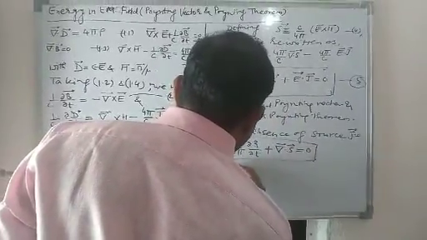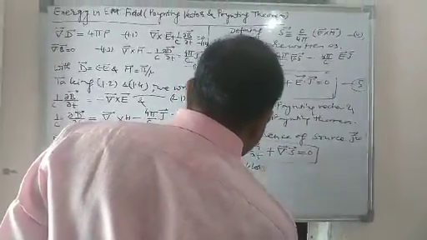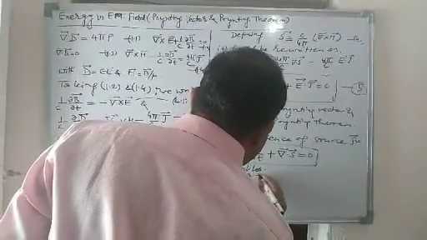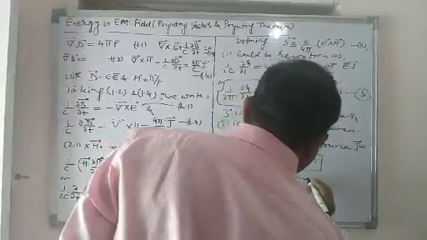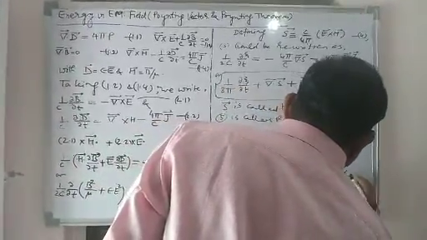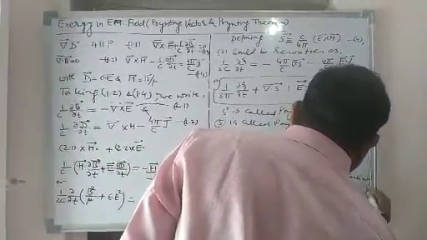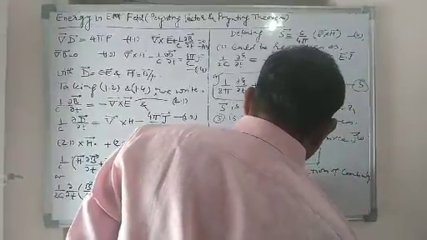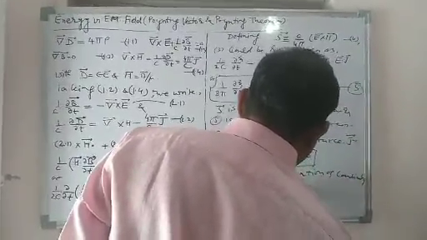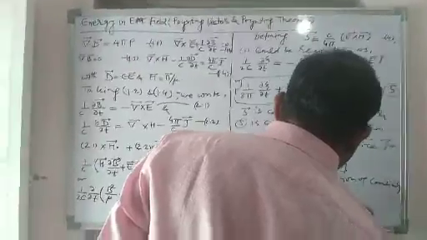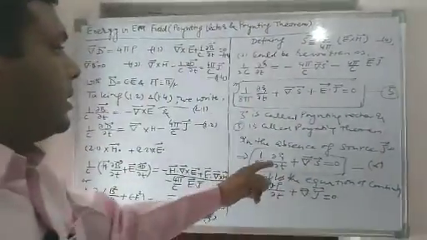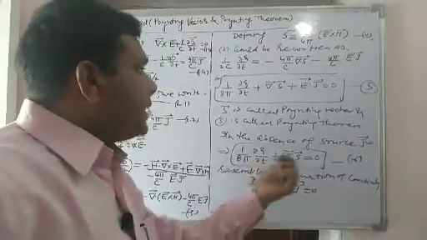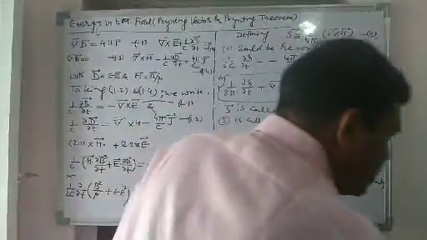So this resembles del rho by del t plus gradient of J, the equation of continuity, that should be 0. Okay, so what it means is that this energy is also getting conserved.